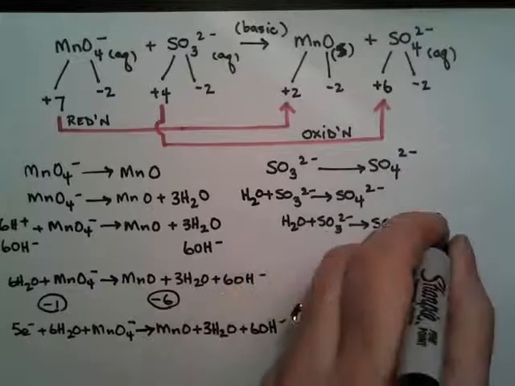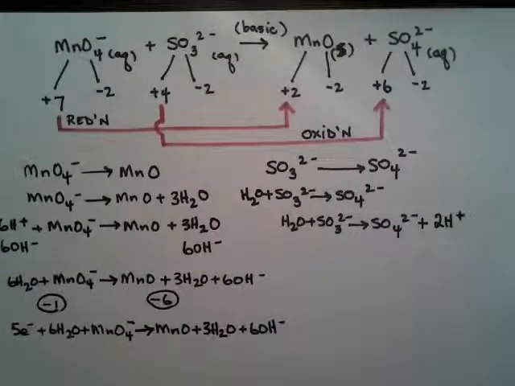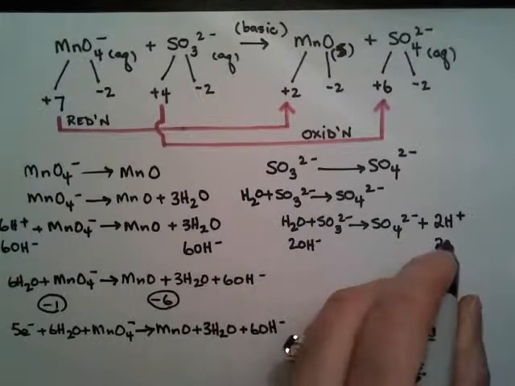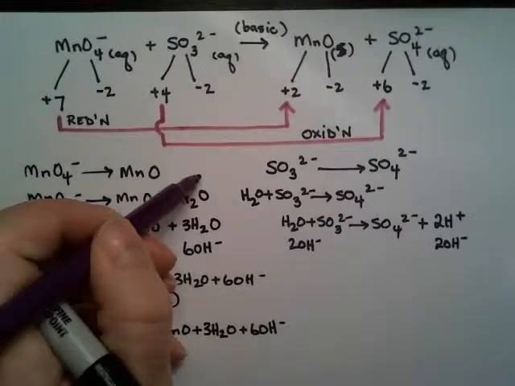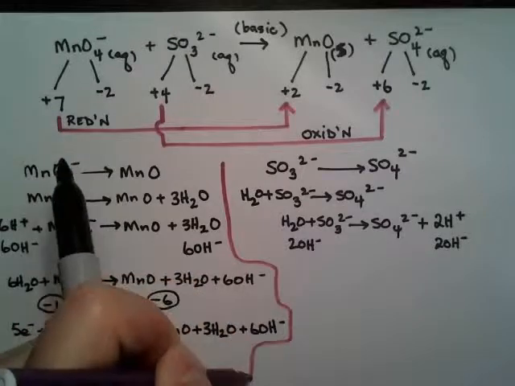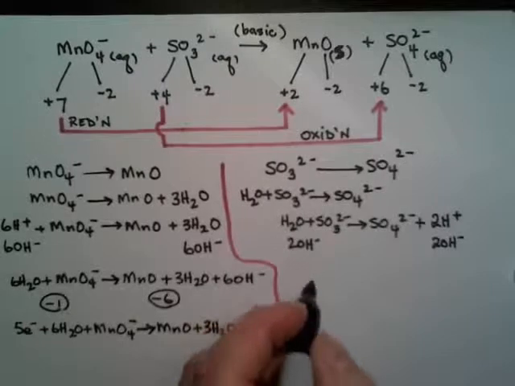I introduced 2, so I need to add 2 H+. This is not an acid, it's a basic medium, so I need to add that same number of hydroxide ions, but to both sides. I'm just going to grab my other marker and put a little boundary line here down my page.